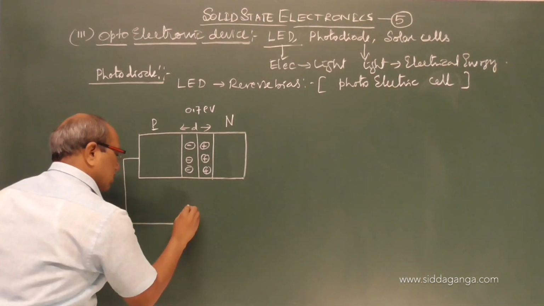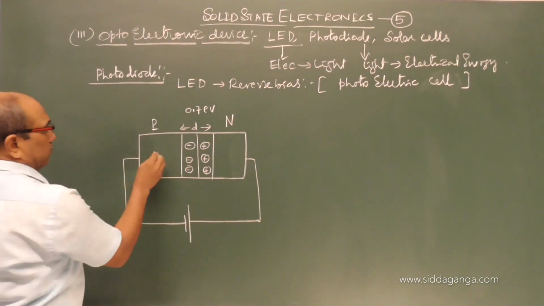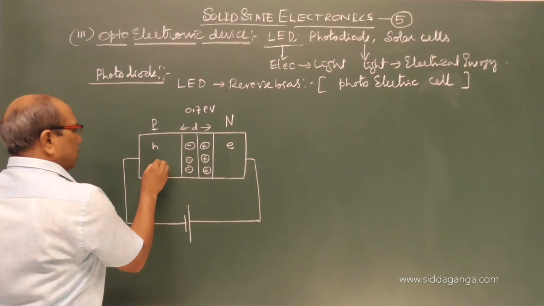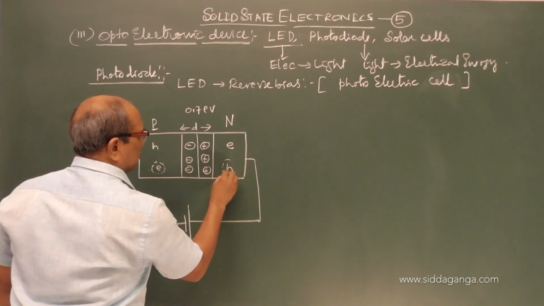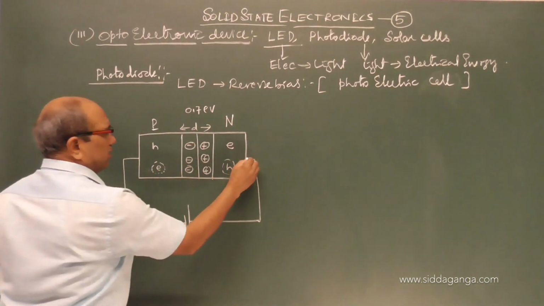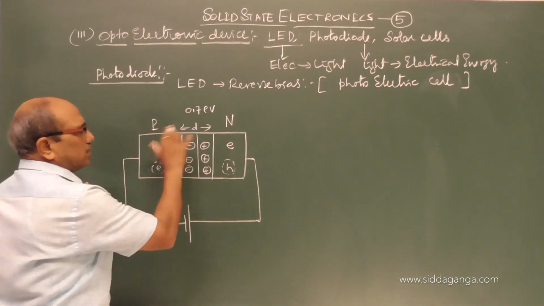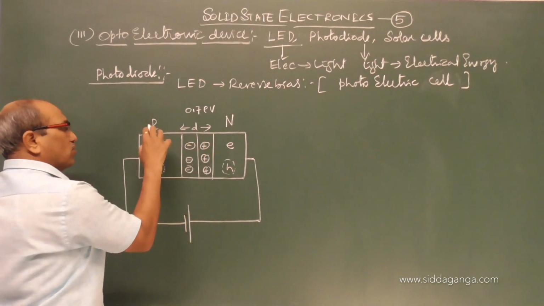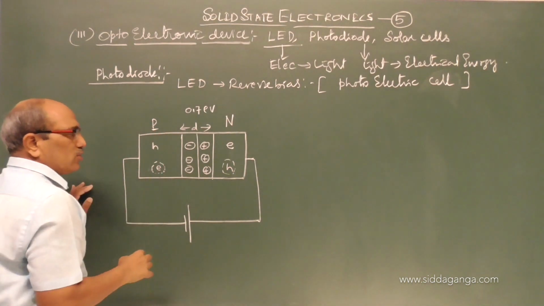Now we connect it under reverse bias. Holes are majority carriers in the P region and electrons are minority carriers; in the N region, electrons are majority carriers and holes are minority carriers. Now when it is unbiased, it is under equilibrium. Ions are present in the depletion layer, with some concentration of holes and a minority concentration of electrons present.